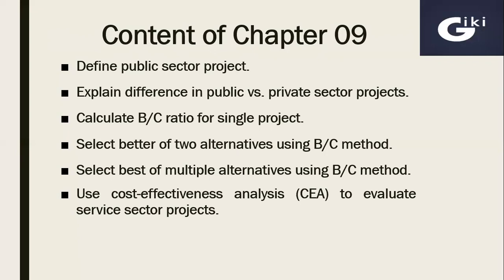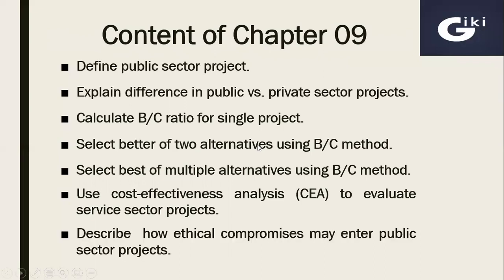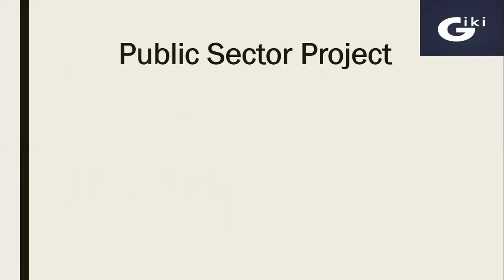Then how to use cost effectiveness analysis to evaluate service sector projects. And the final topic of that chapter will be to describe how ethical compromises may enter public sector projects. So let's start with defining what we mean by a public sector project.